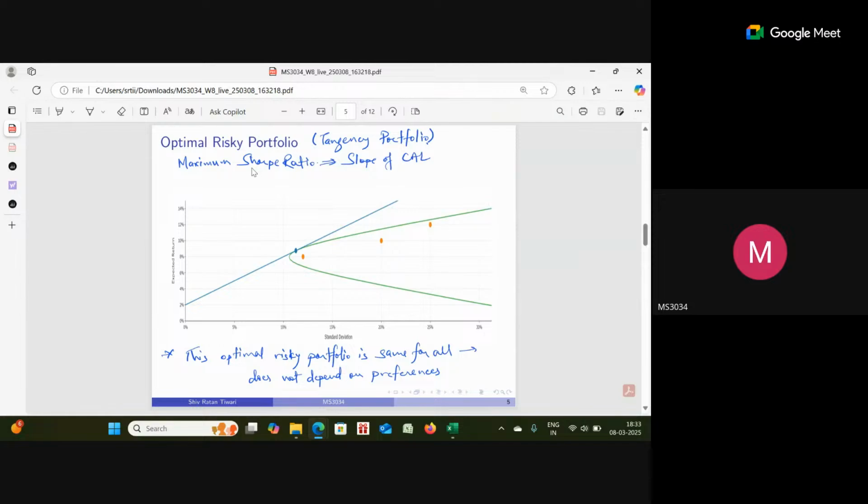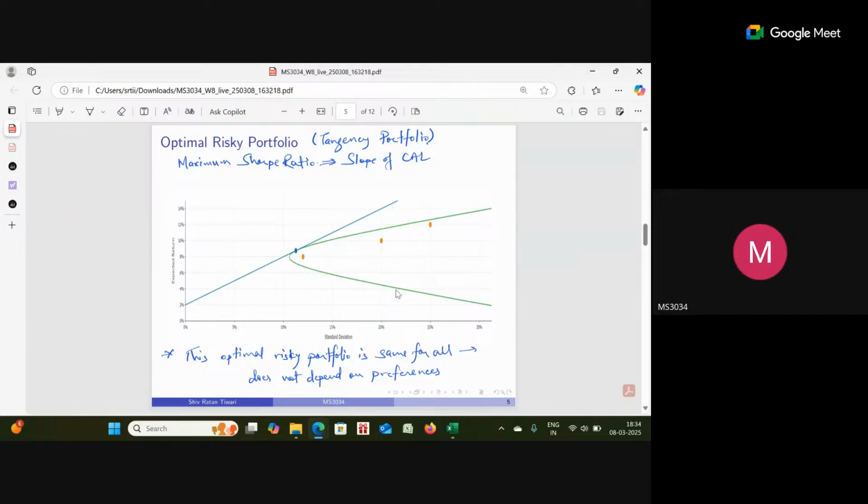So I want the one which gives me the maximum return for the same amount of risk. That's why we are maximizing Sharpe ratio. Let's suppose 2% is the risk free rate, and this is the minimum variance set.